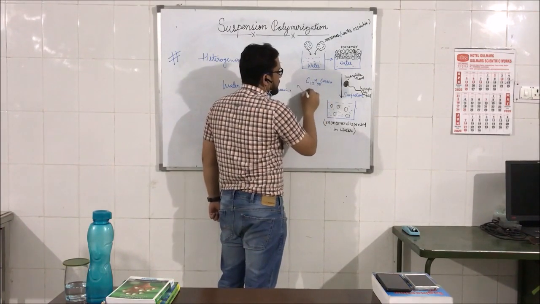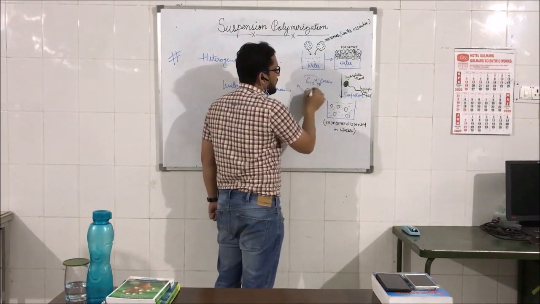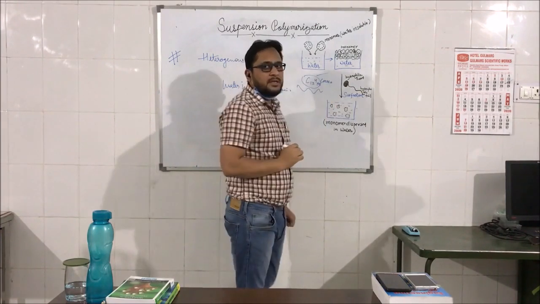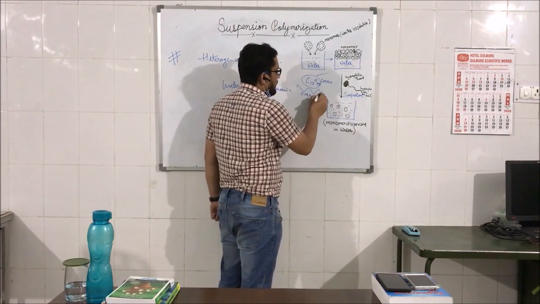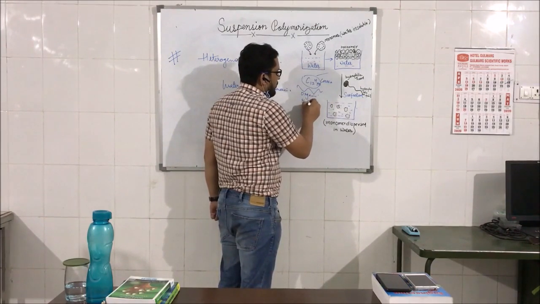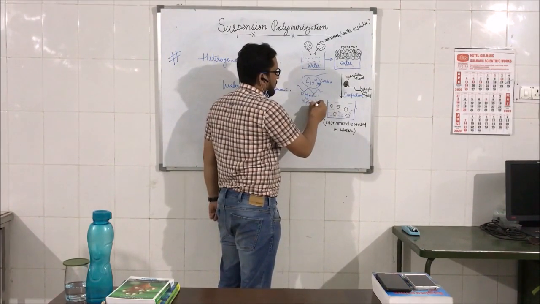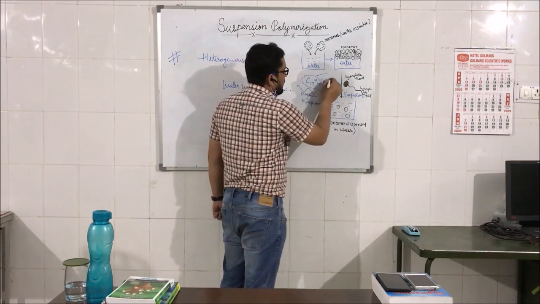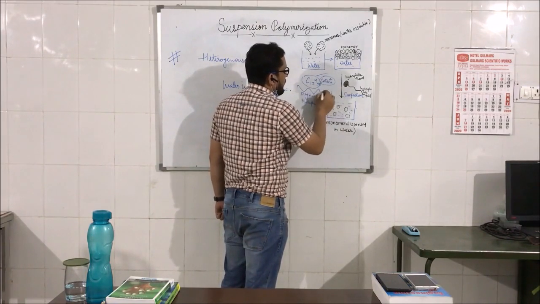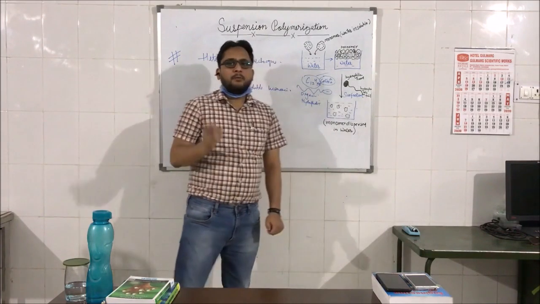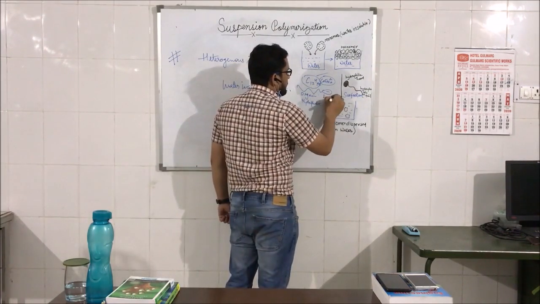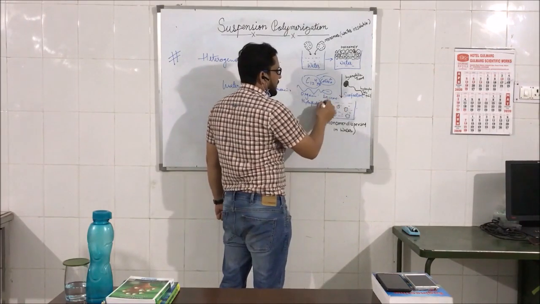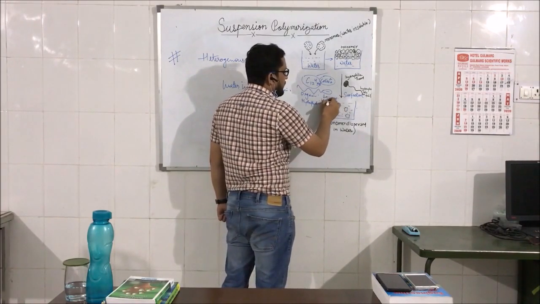This is a long chain made up of carbon, and because of this hydrocarbon chain, it is soluble in the organic phase and therefore hydrophobic, while the polar group forms the polar head, which is soluble in the aqueous phase, and this is hydrophilic.